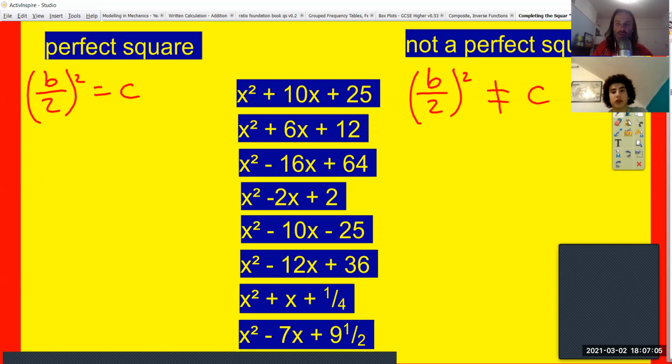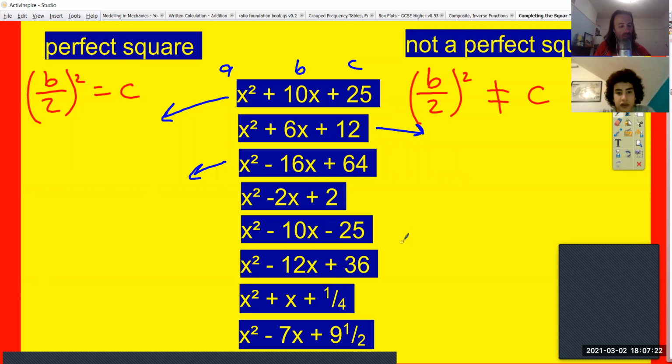First one's a perfect square, I think. Yeah, that one's B and C. Second one is not a perfect square. Third one is a perfect square.